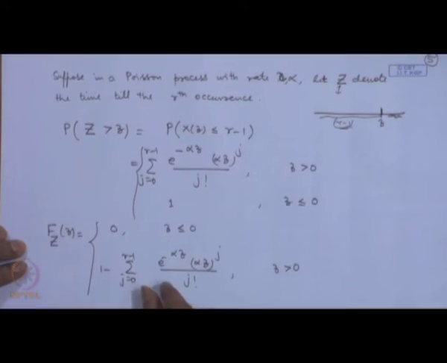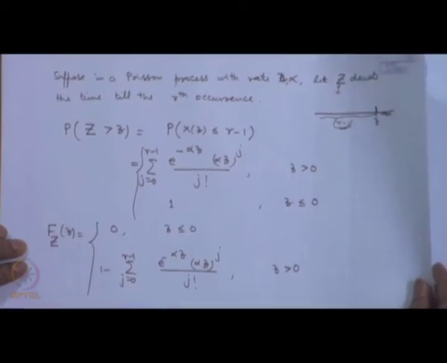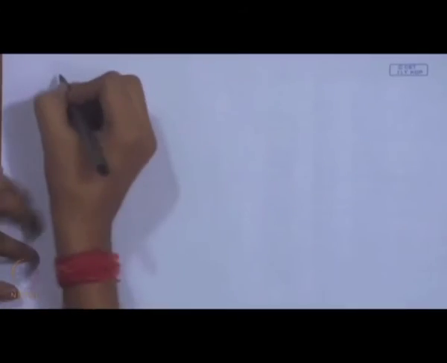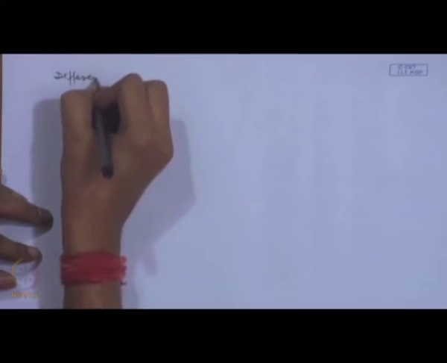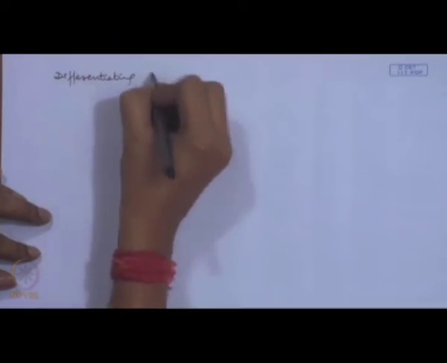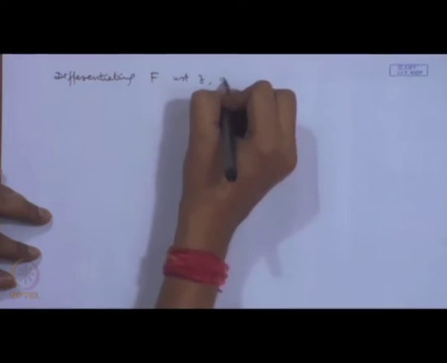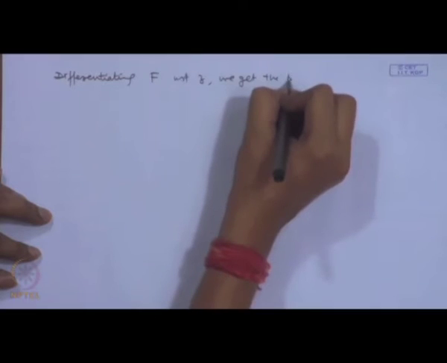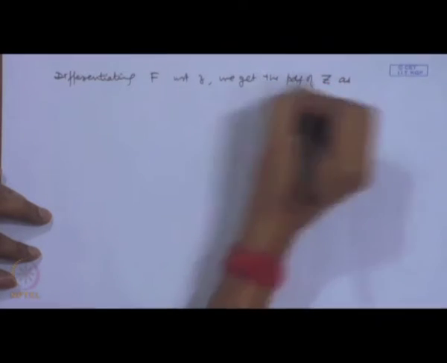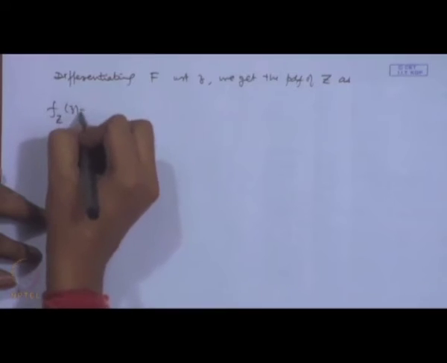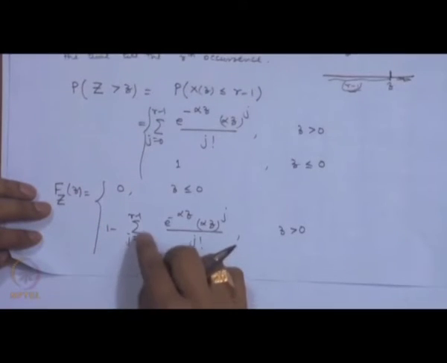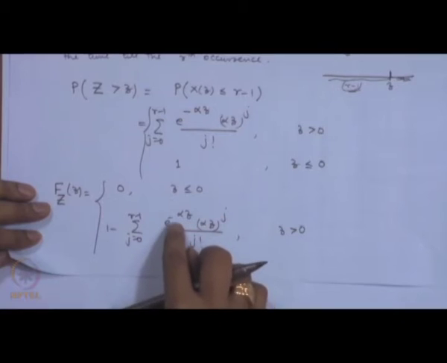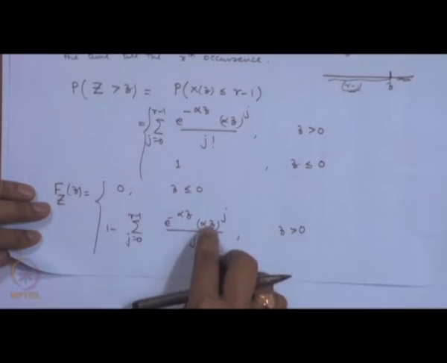So, if we differentiate this cumulative distribution function, we will get the probability density function of this random variable Z. So, differentiating capital F with respect to z, we get the PDF of Z as f_Z. Now, you look at these terms here, this contains r terms and each term has a product e to the power minus alpha z times z to the power j.